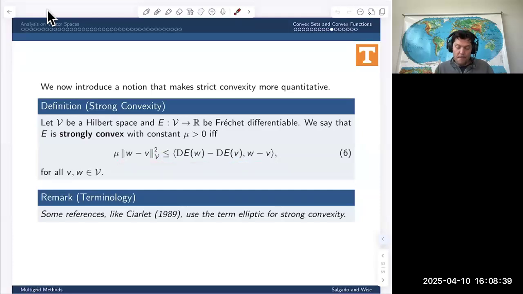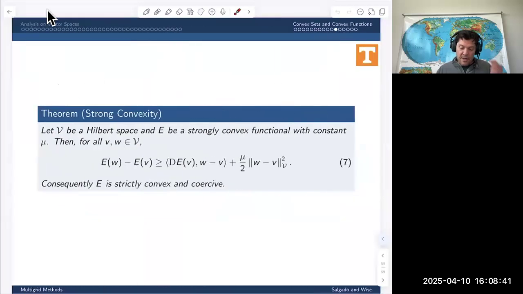This is a definition. So I want to show that if we have such a function that's strongly convex by assumption, then we have this object here. And we furthermore know that E is strictly convex, and that has to do with the shape of the function.